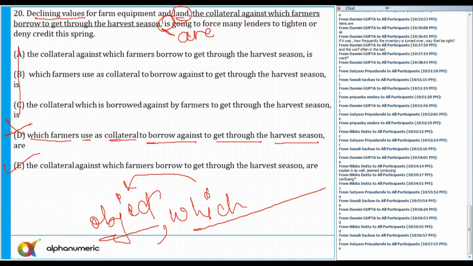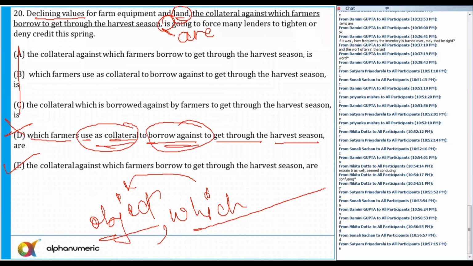Plus, another problem is "which farmers use as collateral to borrow against." I thought it was redundant also. They use as collateral to borrow against.